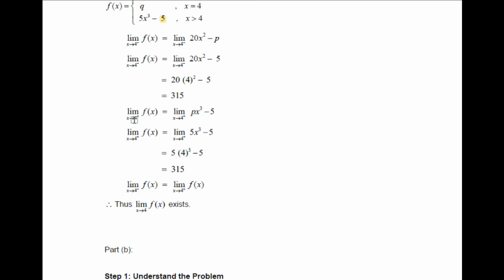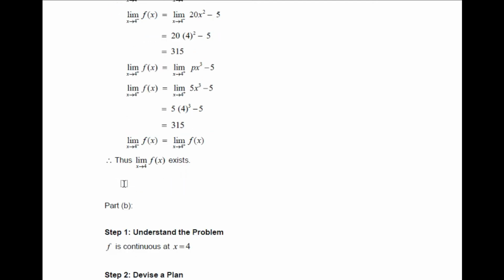Then we solve for the limit of f(x) as x approaches 4 from the right. The applicable formula for this limit is 5x cubed minus 5. Then we solve this limit and we also got the same answer, which is 315.